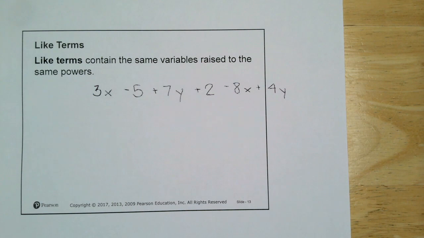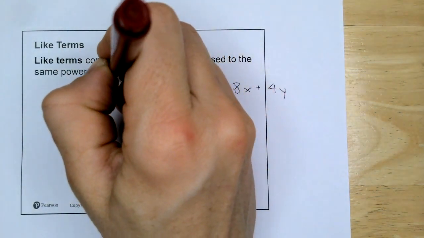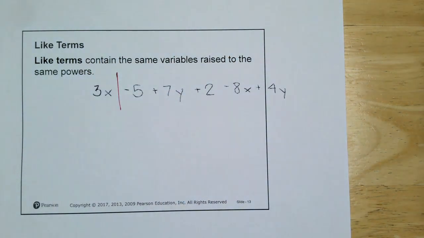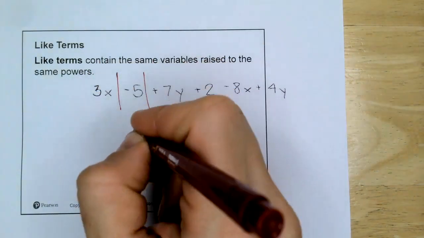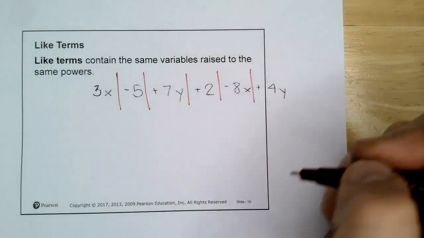You can count your terms by separating each term at the sign, okay? 3x is separated from -5, which is separated from 7y, which is separated from 2, which is separated from -8x, which is separated from 4y.